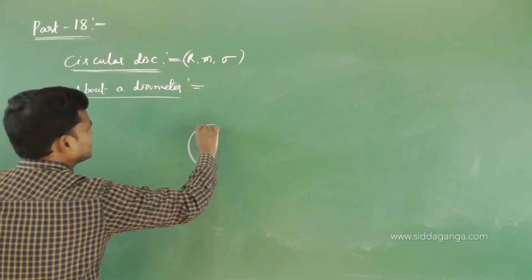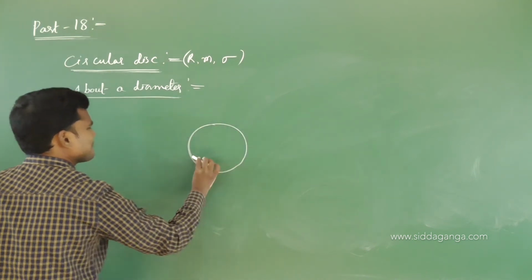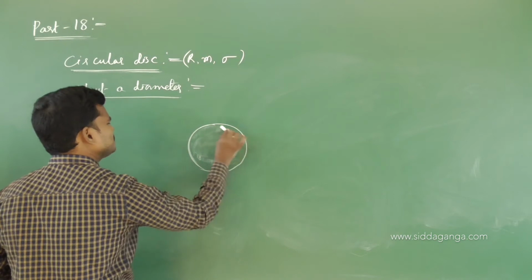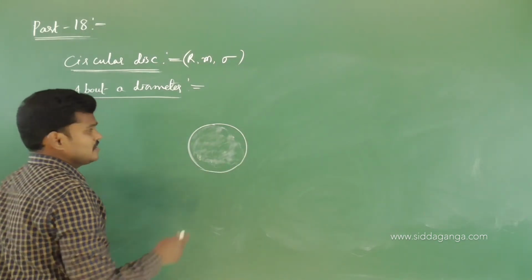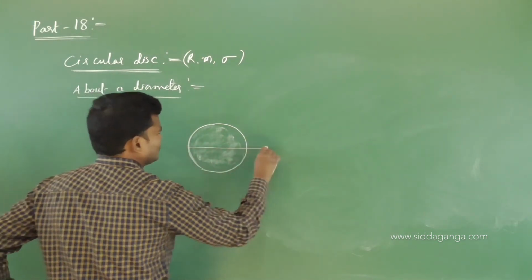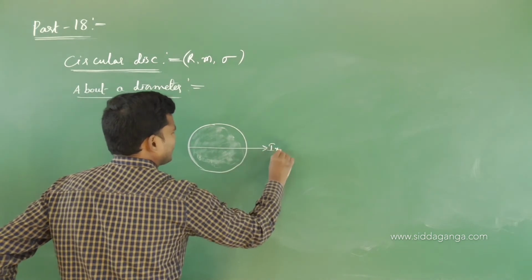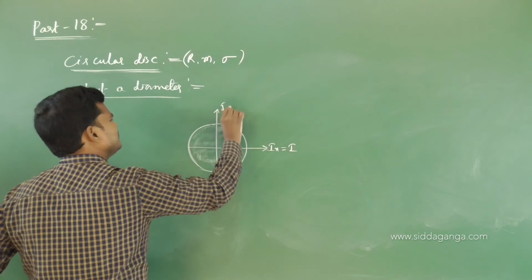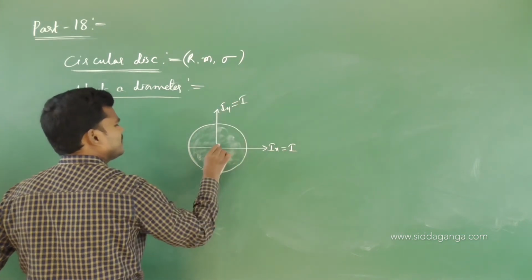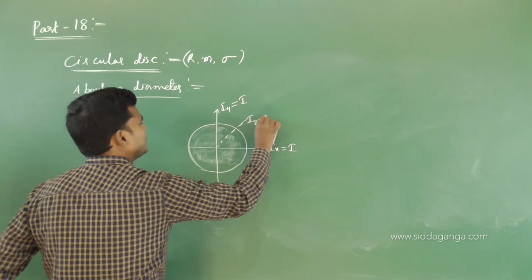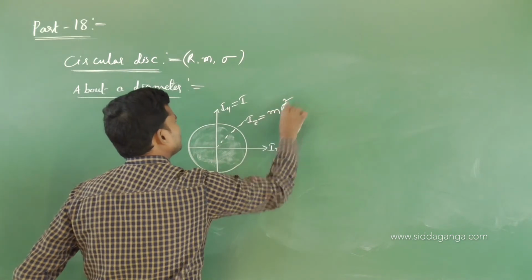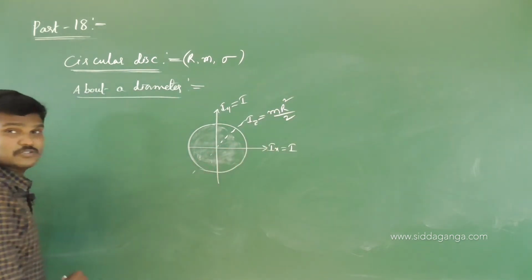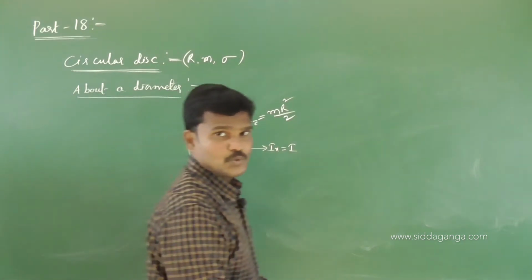See, this is the circular disc whose mass is m, radius is r, and just suppose this diametrical line is Ix, nothing but I, this is Iy, this is also I, and this is Iz. Iz we got as m r square by 2. Iz just now got as m r square by 2.